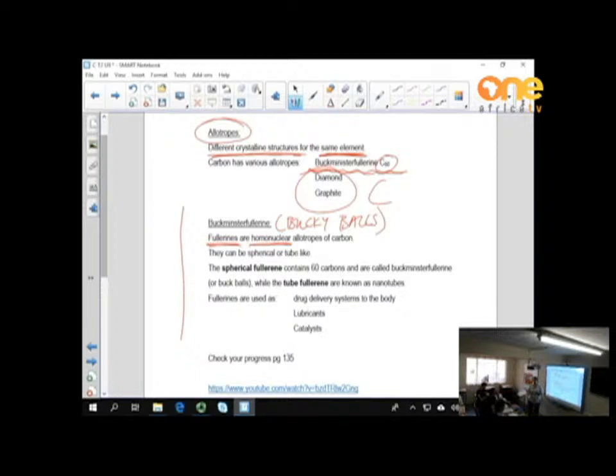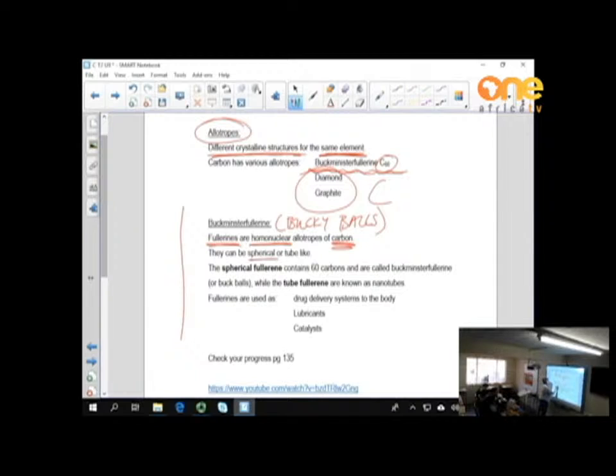Different nuclei. In other words, bromine is homonuclear, diatomic, same bromine and bromine. But HCl is heteronuclear, a hydrogen and a chlorine. So Buckminster Fullerene are homonuclear because they consist of identical carbon atoms.